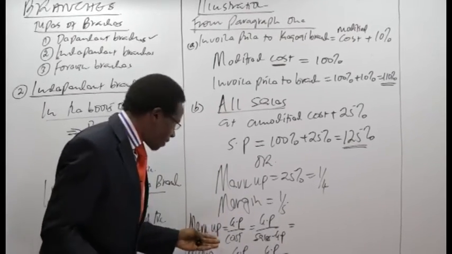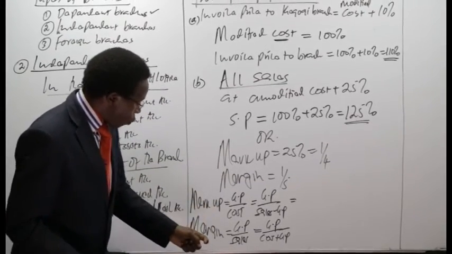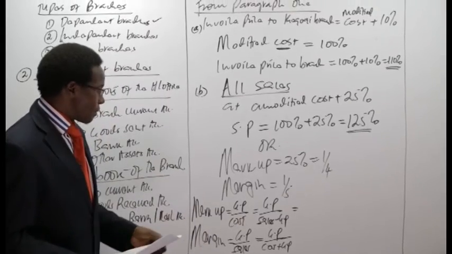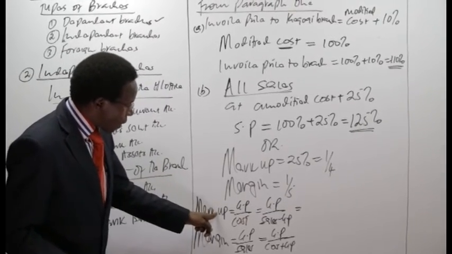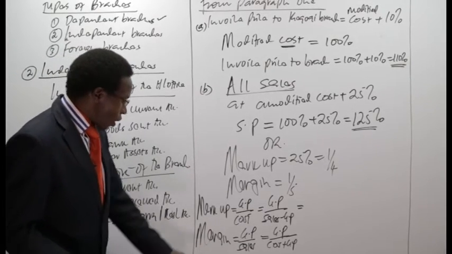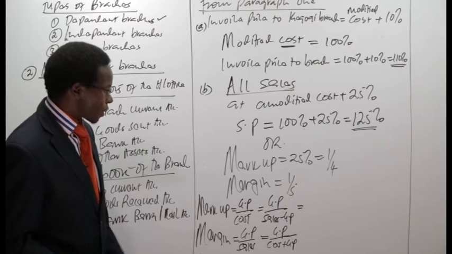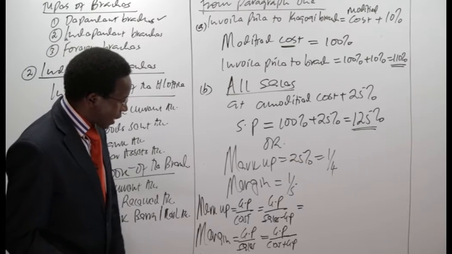So that's something that we talked about, dependent branches. So we have a markup, we have a margin, and that is important. You cannot use a markup on sales to get the profit. You cannot use a margin on cost of sales to get the gross profit. It doesn't work that way.